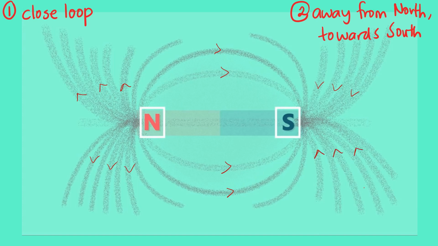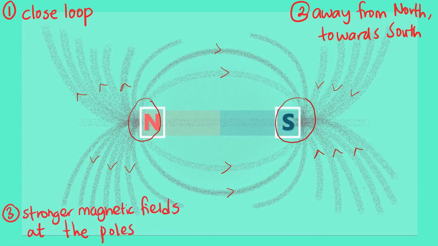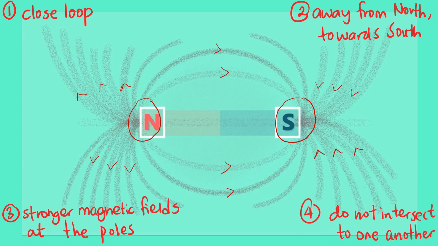We also see that more iron powder is attracted at the poles of the bar magnet. Therefore, we can conclude that the magnetic field is stronger at the poles. And the lines do not intersect one another.